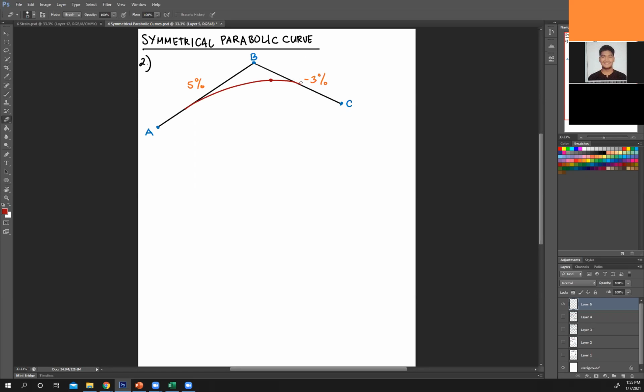So this is now your PT. This is your PC. Again, this is 3%. So we're looking for the elevation of that summit. So let's call that point Q again.